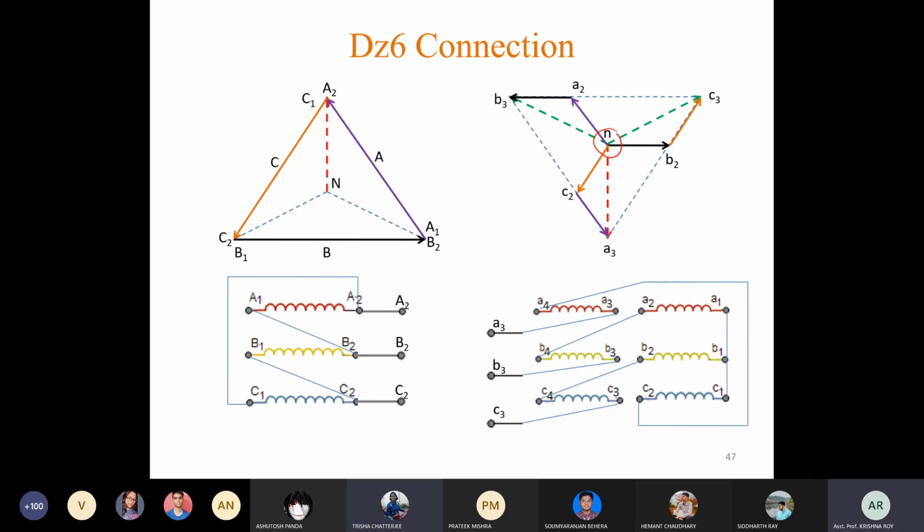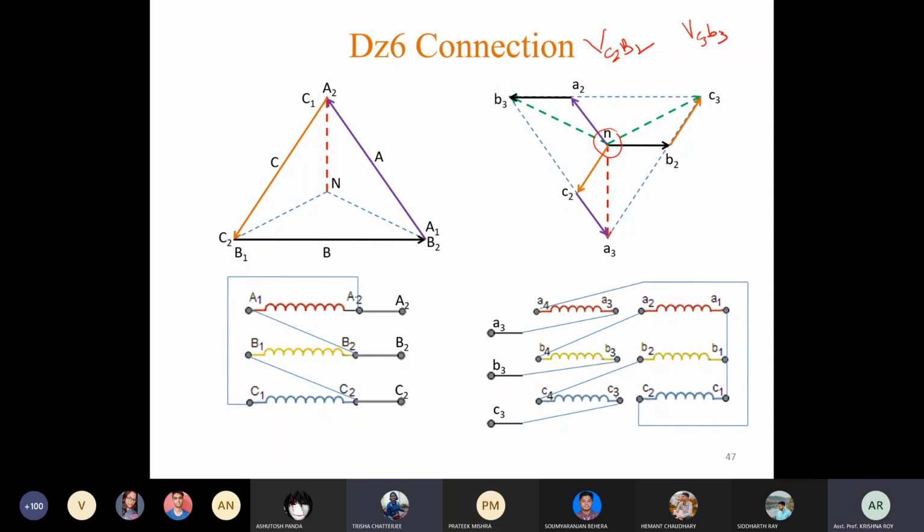Here the angle between, suppose, V C2 B2, or we can say B2 C2. As the direction is in this way, let us say V C2 B2, and V C3 B3.